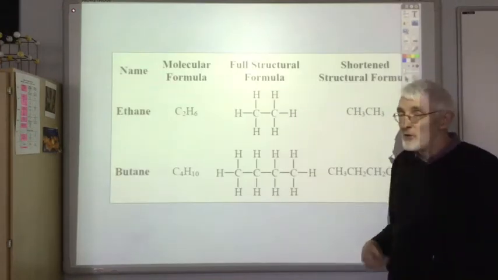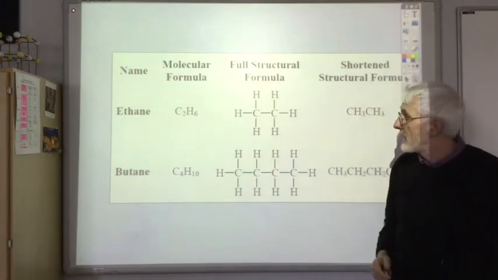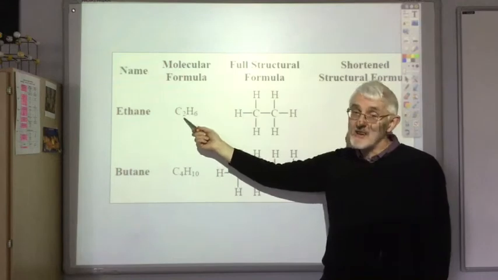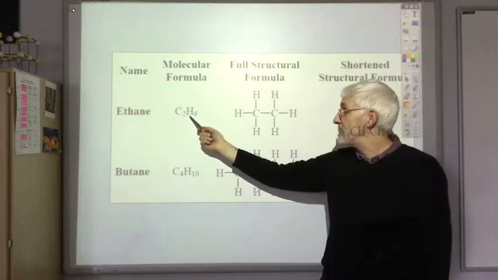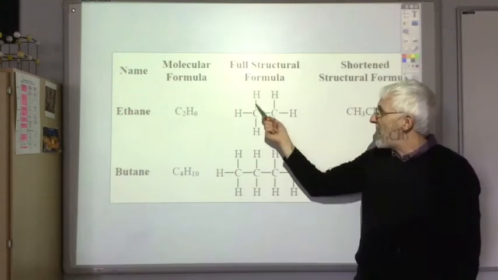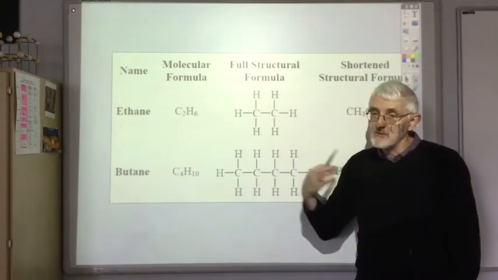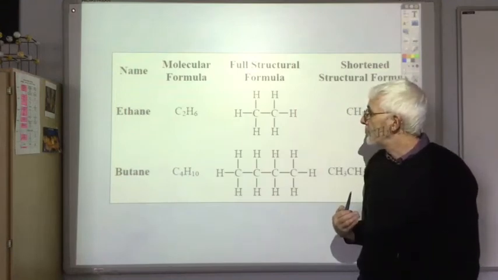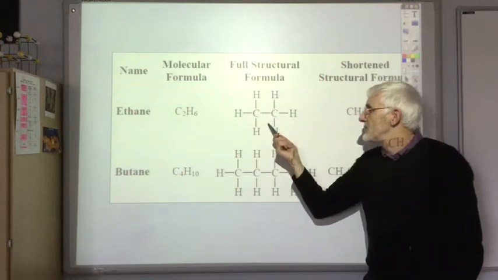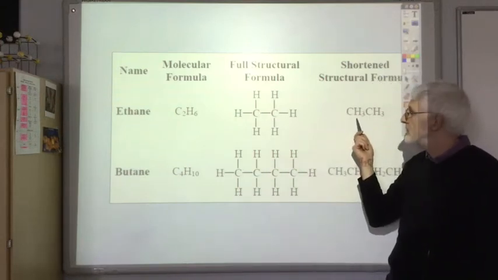Right, it's important to know the difference between a molecular formula and a structural formula. So for example, for ethane, the molecular formula just tells you the number of carbons and hydrogens, C2H6. But the structural formula actually shows all the bonds and shows how these 8 atoms are all joined together. We'll normally use full structural formula, but sometimes we use shortened structural formula, which I don't find so useful.